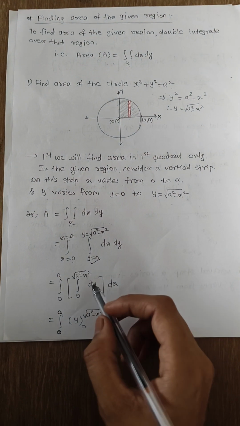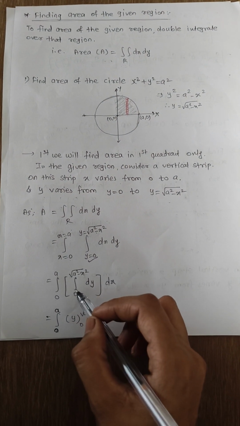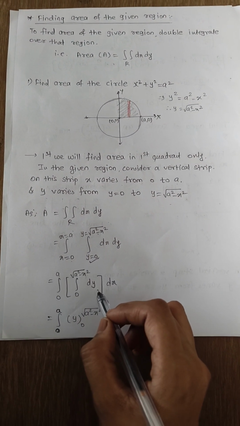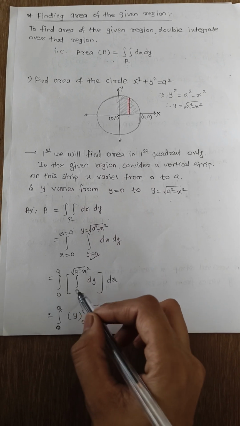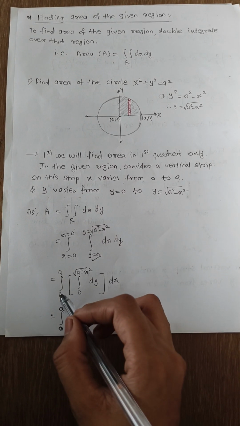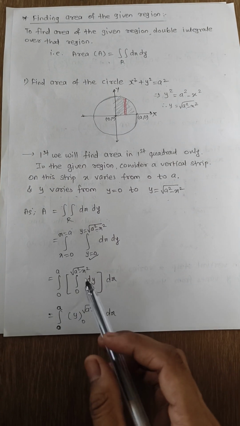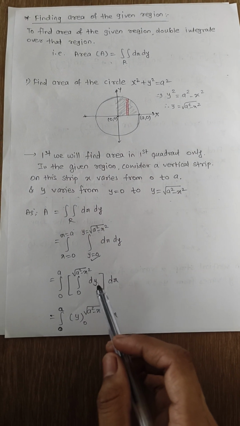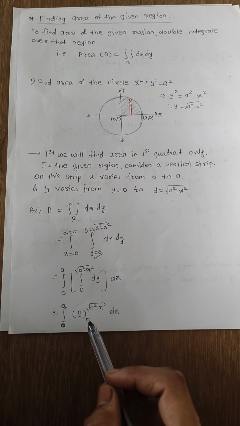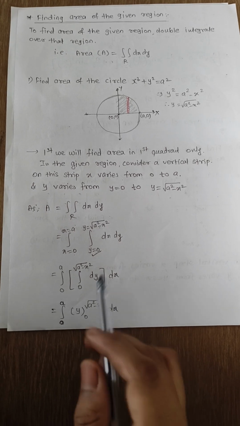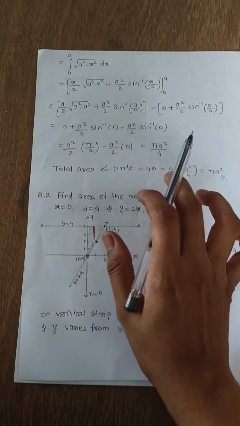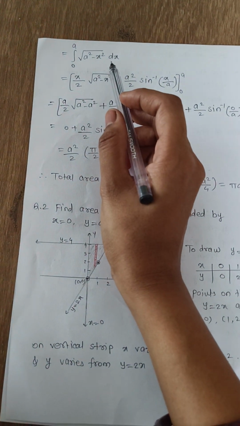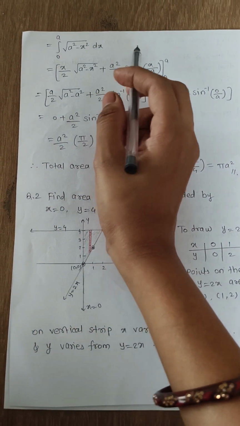First we solve the integration within the square bracket and after that we apply the outer integration. This is just the integration of dy, so that will be y, with limits from 0 to the square root of a square minus x square. After putting the limits, it will be the square root of a square minus x square only, because the lower limit was 0.